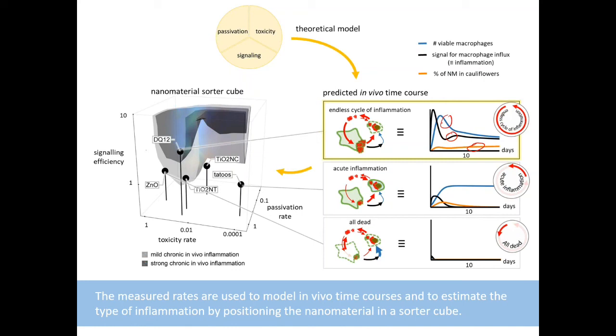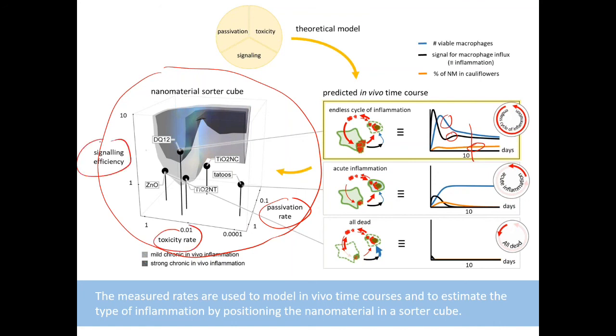And then from the state of these time courses at certain time points, let's say here, we can now predict where individual nanomaterial lies in this phase space on the left. So this phase space now includes 3 rates: passivation rate, toxicity rate, and signaling.